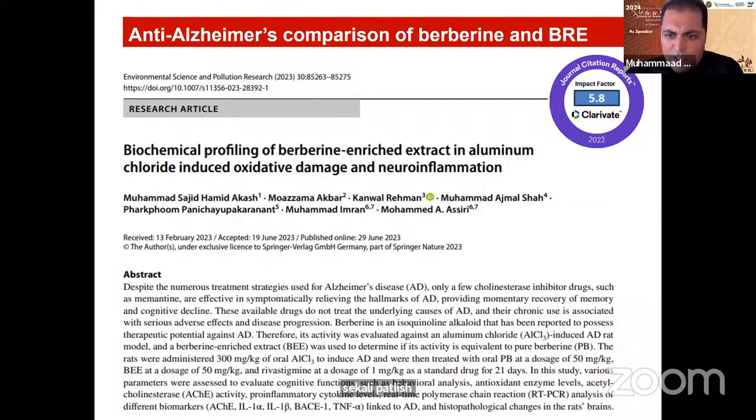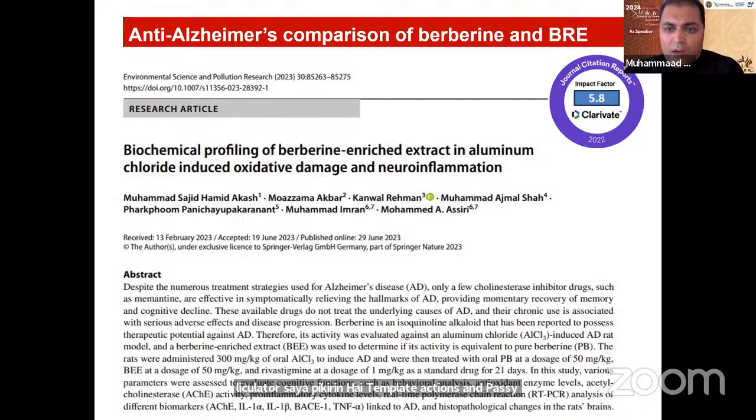Furthermore, considering the potential off-target effects and the blood-brain barrier permeability of berberine, what are the long-term implications and possible adverse effects of using the extract as a neuroprotective agent, particularly in the context of chronic use?